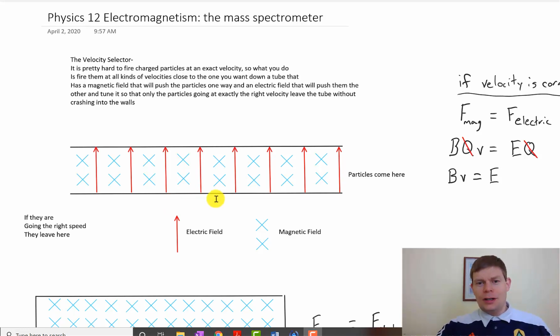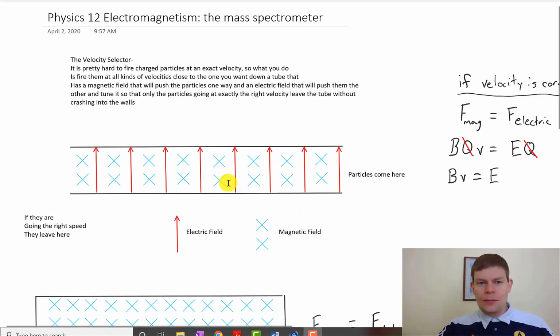So you can kind of ballpark it though. If you fire particles in the ballpark of the right velocity down a tube, and this tube has perpendicular electric fields, notice the electric field is heading up, and magnetic fields, which are into the screen.